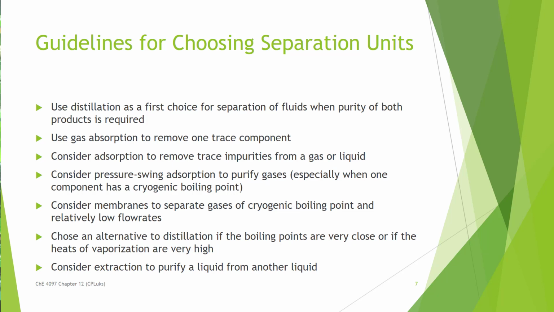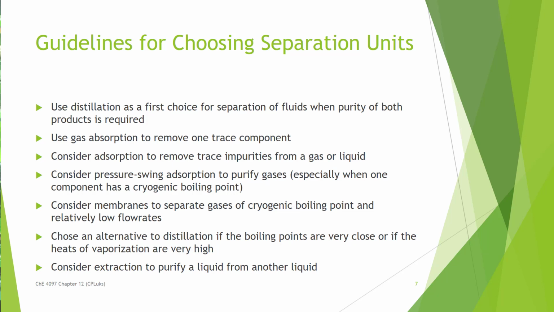When the boiling points of our components are very near each other, or if the heat of vaporization is very high, distillation is not going to be a good choice. So we'll want an alternative because it's going to be very cost intensive to do the distillation.